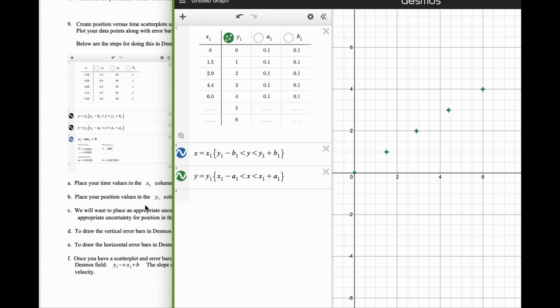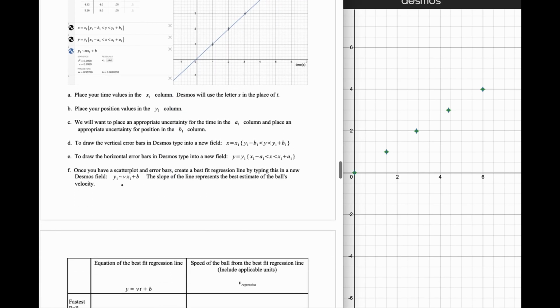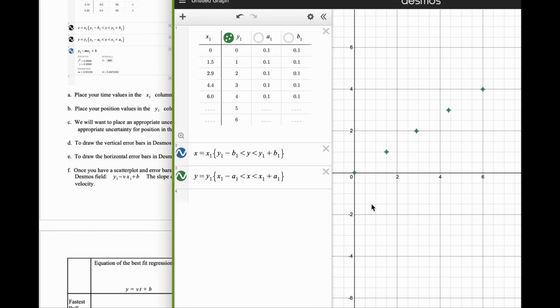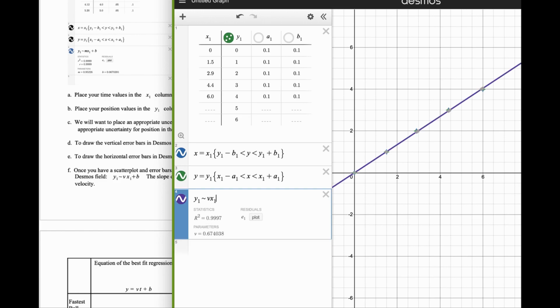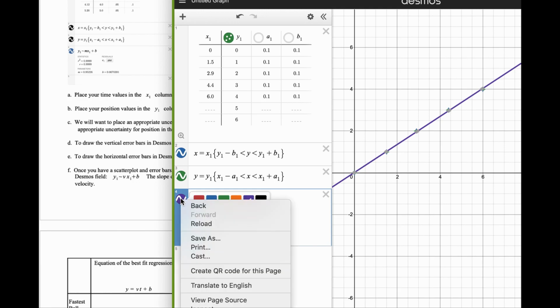All right, that is that. Next, it says to create a regression line, like the best fit line for this data. So just do y1 tilde v x1 plus b. You can change color if you want.